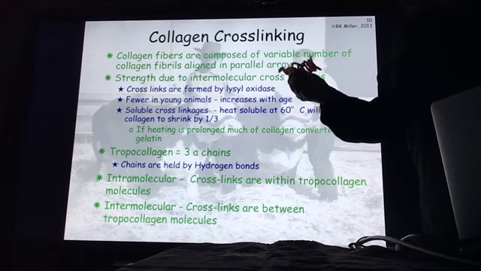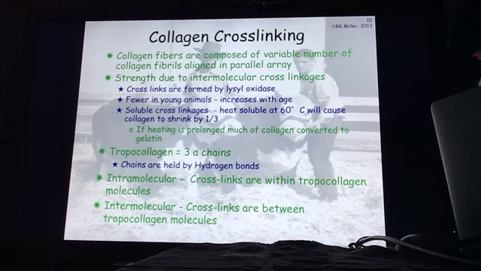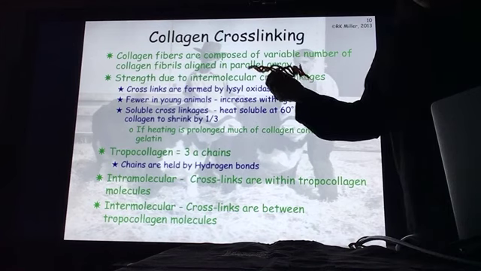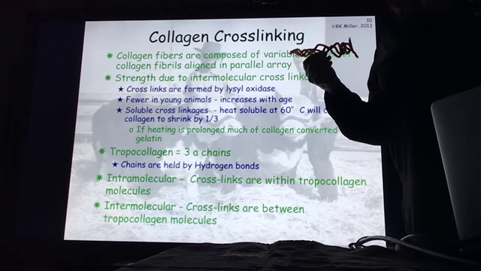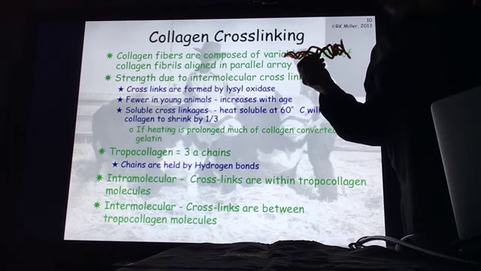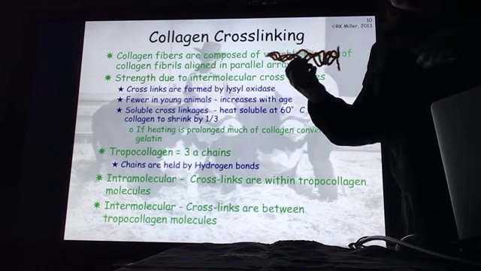right? In reality, each of these single chain helixes is like a wet noodle. And if you try to put 3 wet noodles together, they don't bind together very well. We have to have something that's going to hold this matrix together.